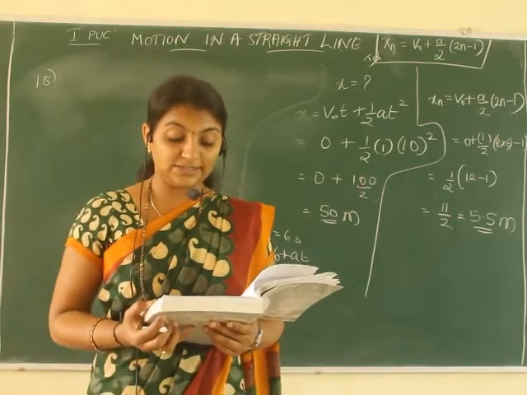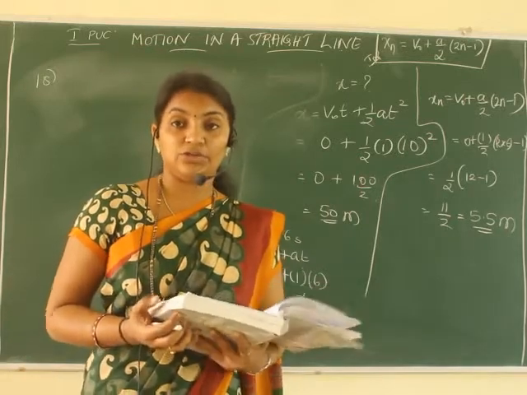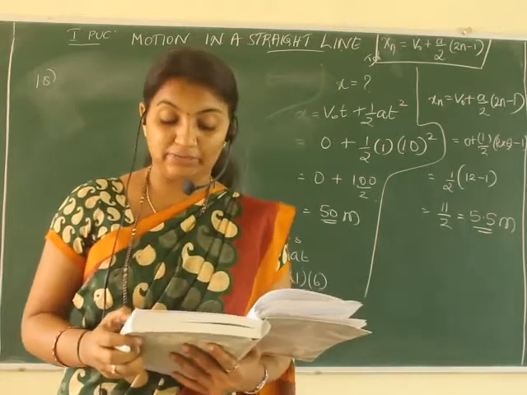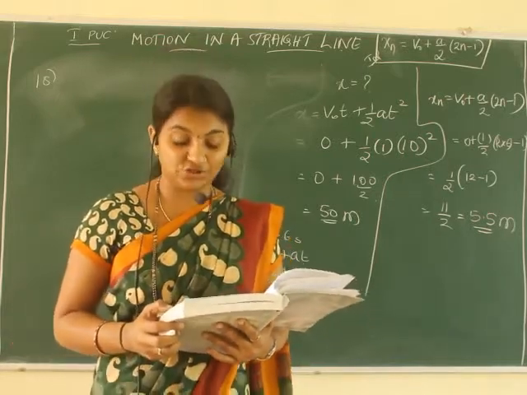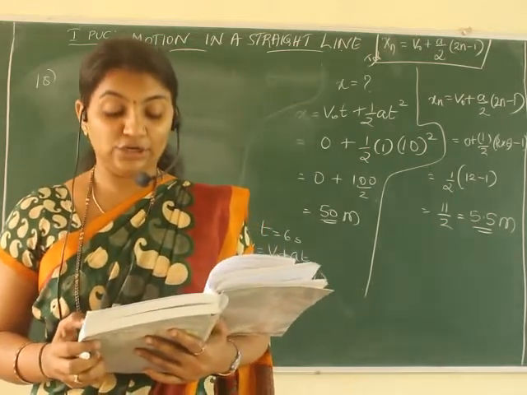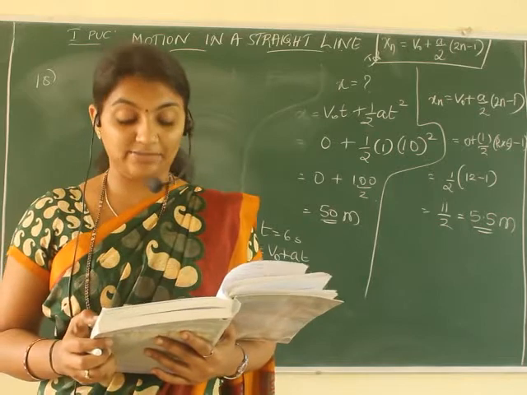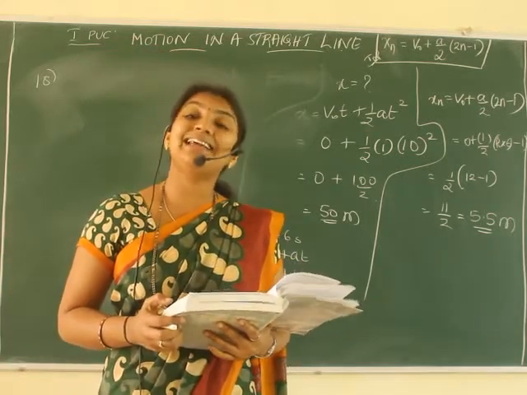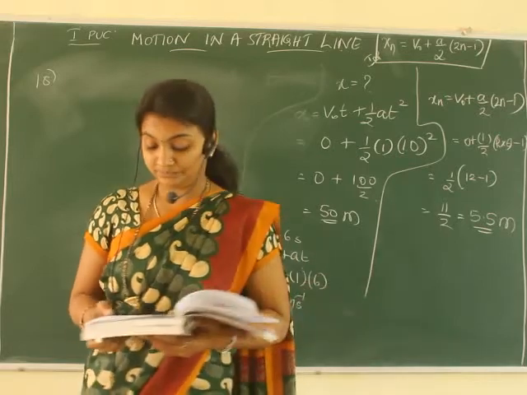A ball is released from the top of a tower, so initially it is at rest. We are releasing it from the top of a tower of height h meter. It takes t seconds to reach the ground. So time is given. What is the position of the ball at t by 3 seconds?